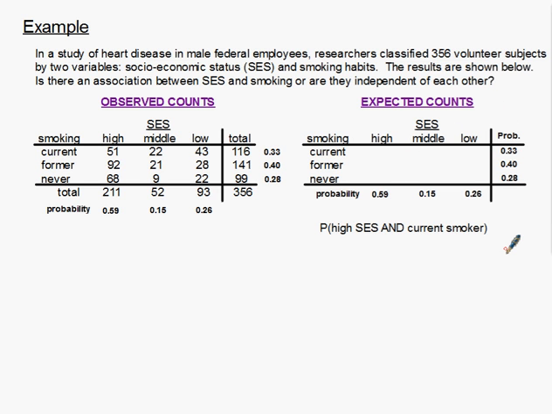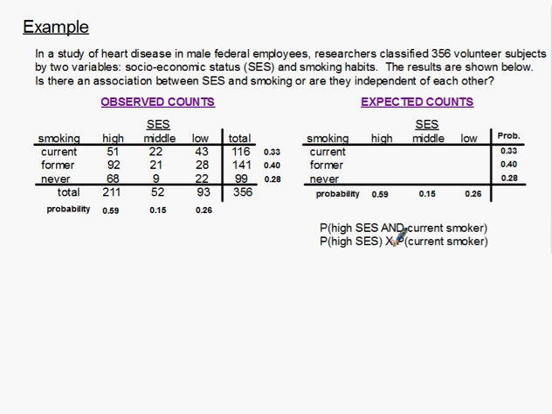The question comes down to now, what's the probability of randomly selecting a person who has high socioeconomic status and is a current smoker? That's this position in the table. You can see with the "and," we're talking about multiplication, because that only works if they're independent.